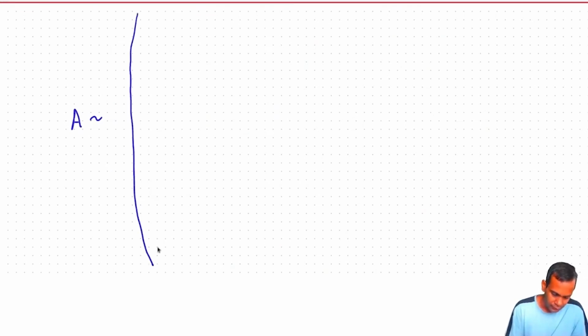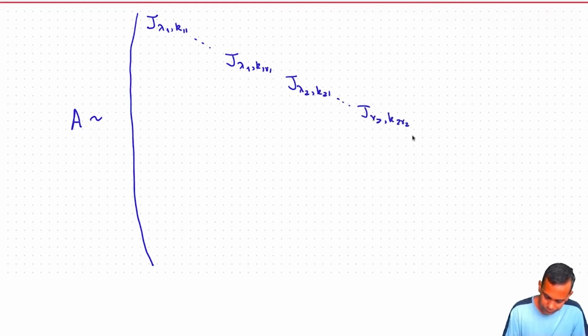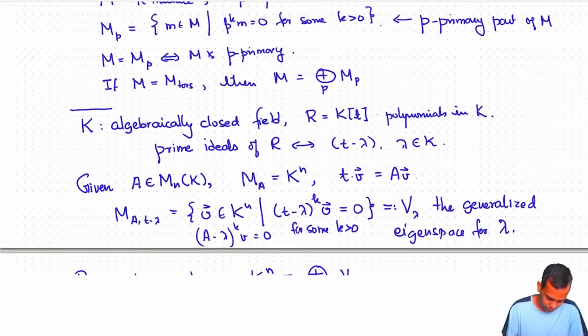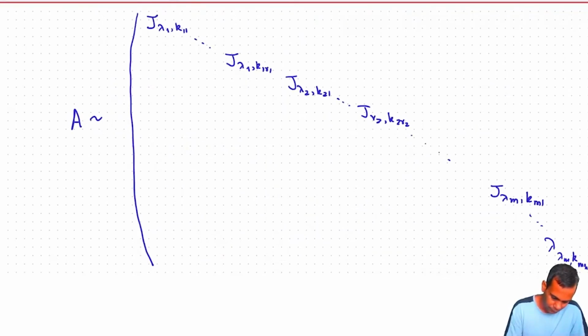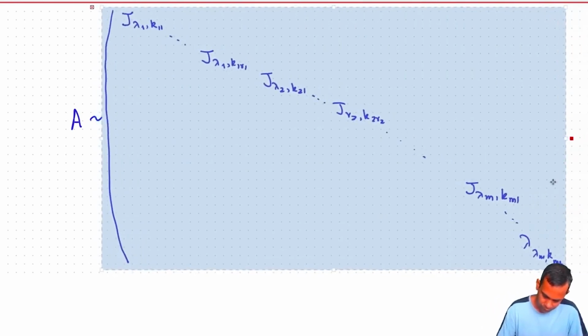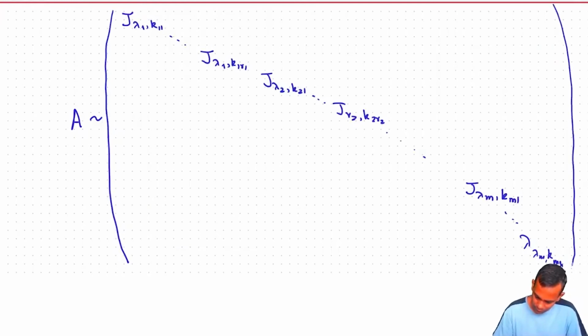So firstly, you'll have J_lambda1(k11) up to J_lambda1(k1r1), then J_lambda2(k21) up to J_lambda2(k2r2), and so on up to J_lambdam(km1) up to J_lambdam(kmrm), and zeros everywhere.